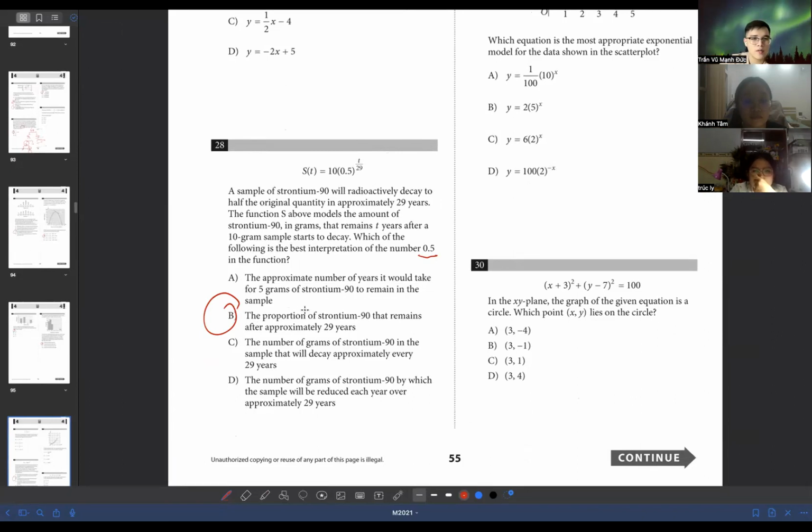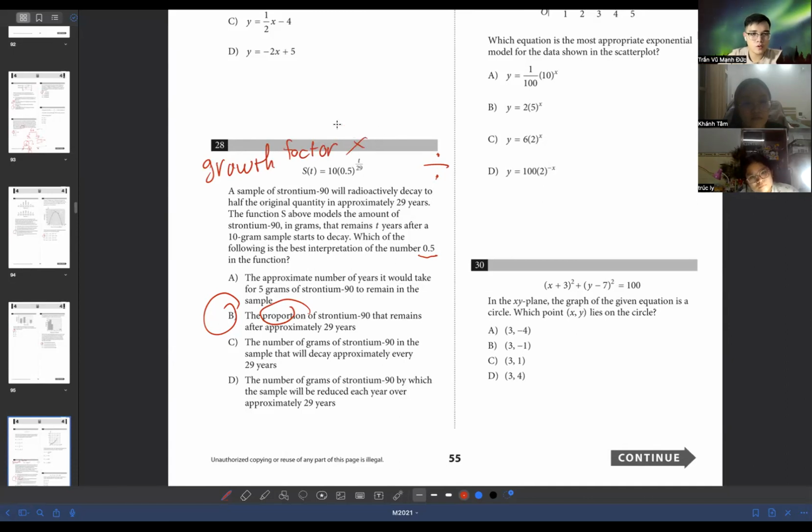The proportion means the percentage, it's sometimes the same thing, but proportion means division. And when it comes to growth factor, it means multiplication.